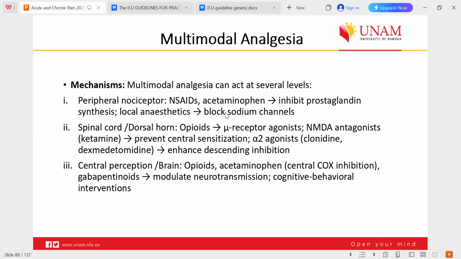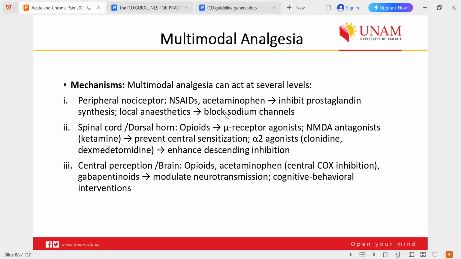Local anesthetic agents also help at the peripheral nociceptor site by blocking sodium channels. We have opioids, all right? Opioids work at the spinal cord or the dorsal horn, the substantia gelatinosa. I hope we still remember lamina 2, okay?